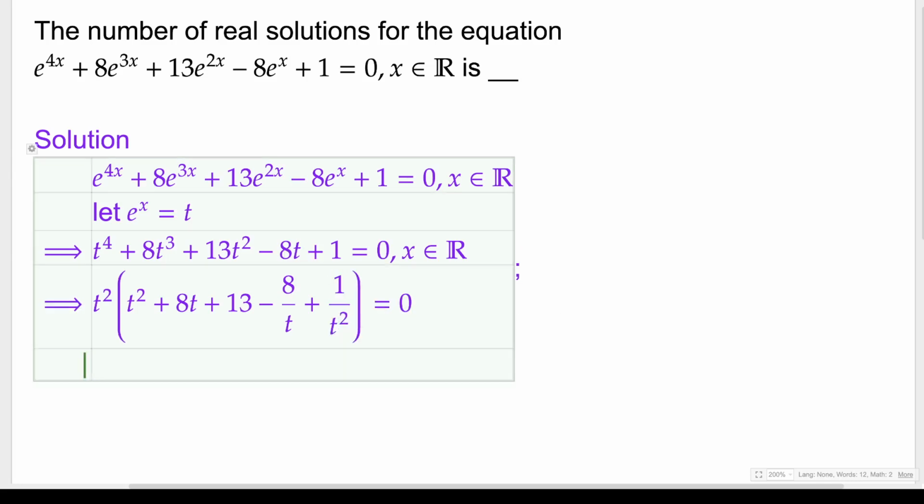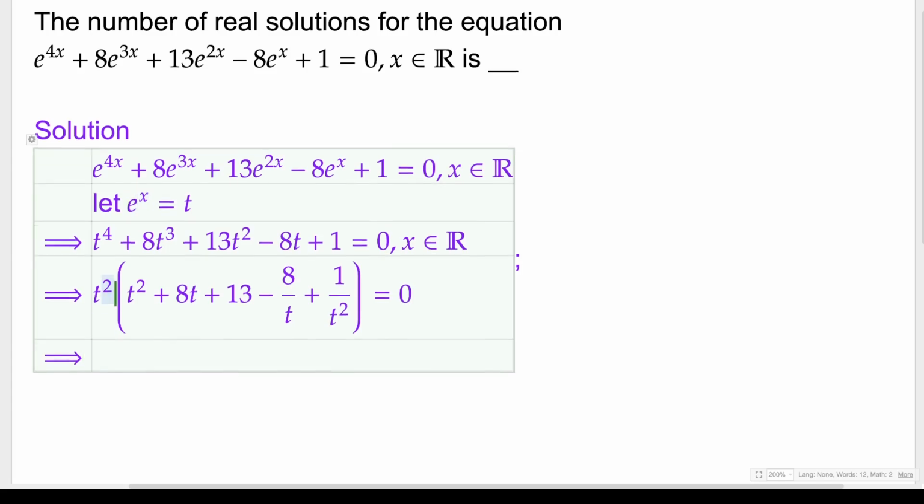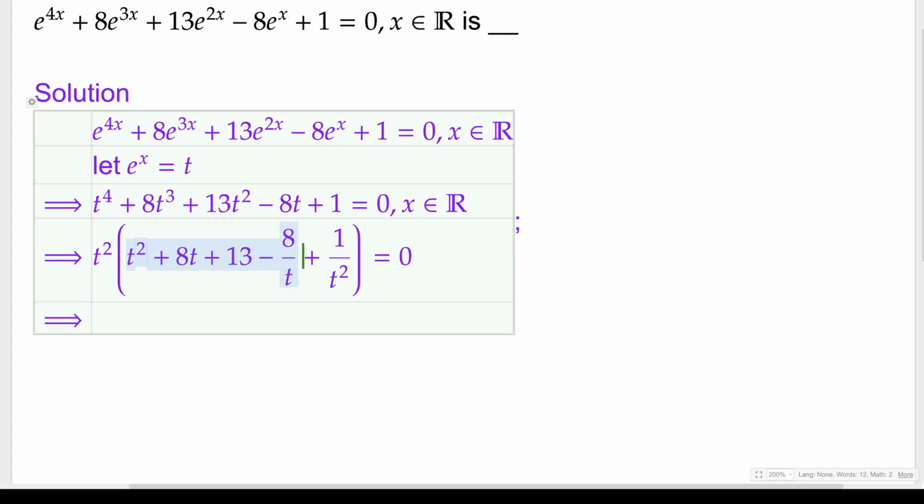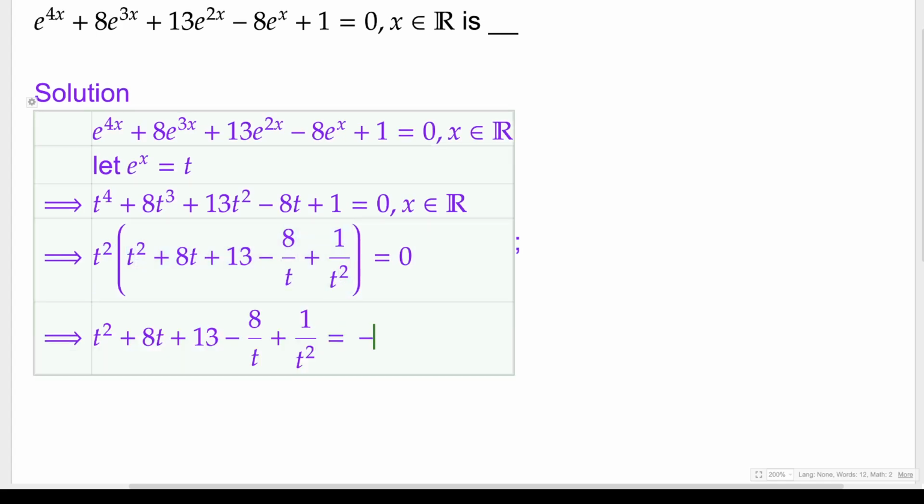Now since e to the power x is positive, definitely t square is also positive. So we can divide on both the sides.